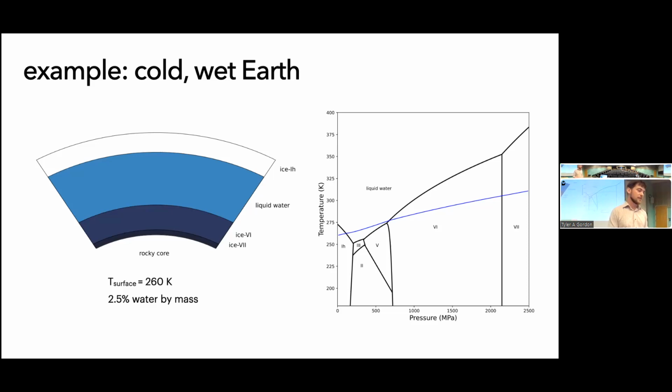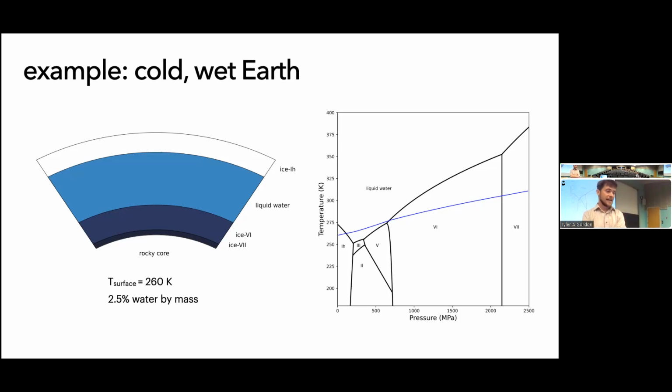And so what you end up with is a structure that looks like, on the left, I have a cutaway of this structure. So you have a crust of ice, ice 1H, that's ordinary ice, covering a liquid ocean layer. And then below that, you see the high pressure ice mantle, so ice 6 and then ice 7 just above the rocky core.